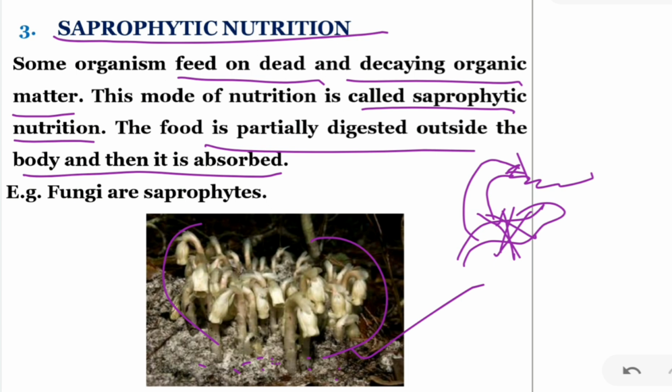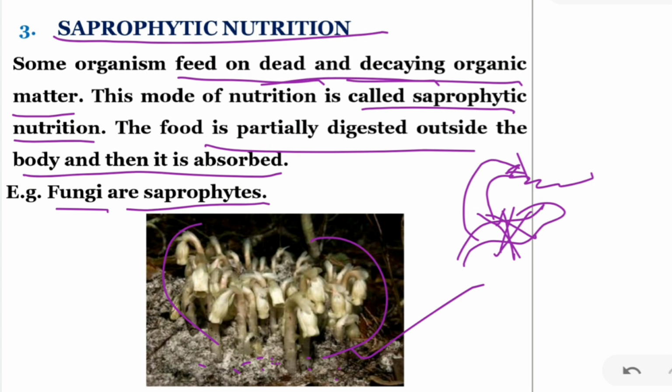But in the case of saprophytes, they release some chemicals out of their body, and those chemicals digest the dead and decaying matter, and this digested matter they later absorb, right? Examples are fungi. So what are saprophytes? These are living on dead and decaying matter and taking nourishment from them.